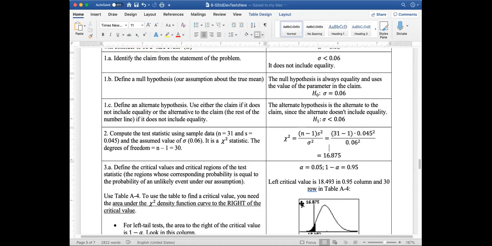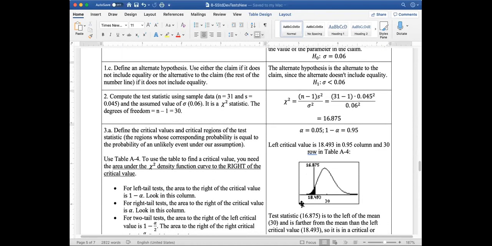So using the critical value approach, we would go to the table, and this time we need a critical value on the left. So the area to the left of the critical value is going to be all of alpha, 0.05. The area to the right must be 1 minus that, or 0.95.